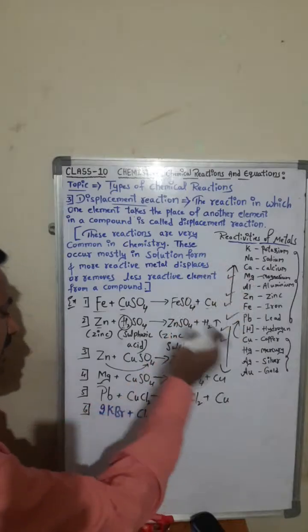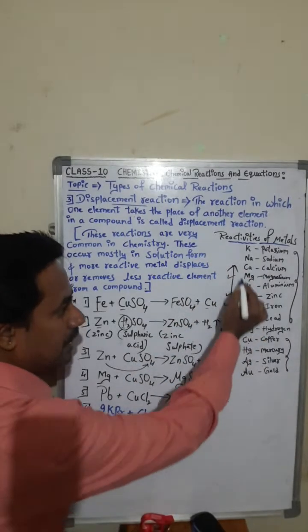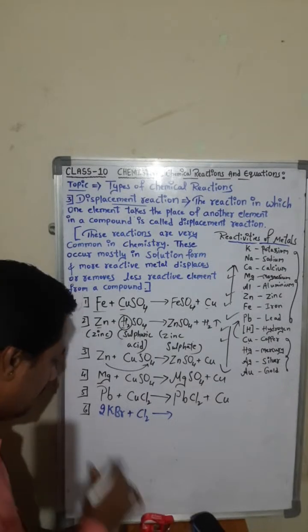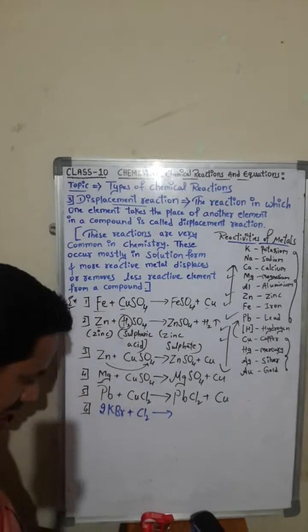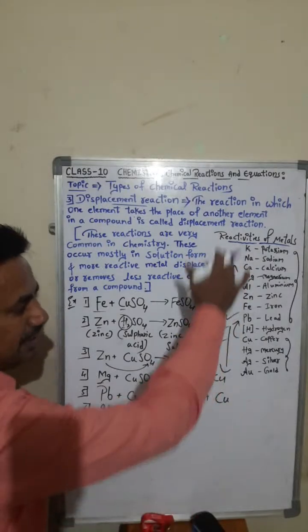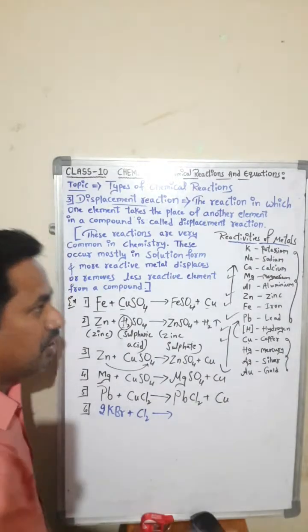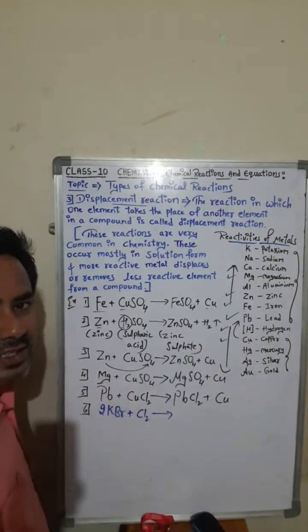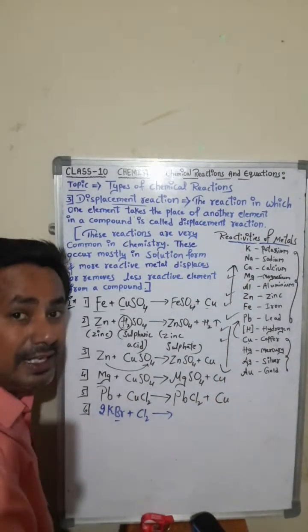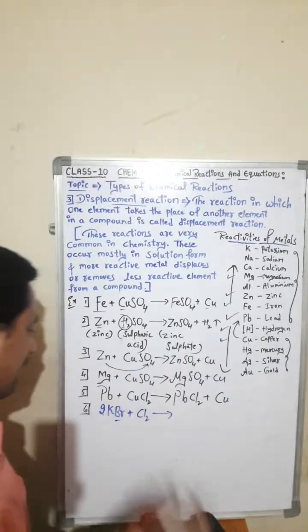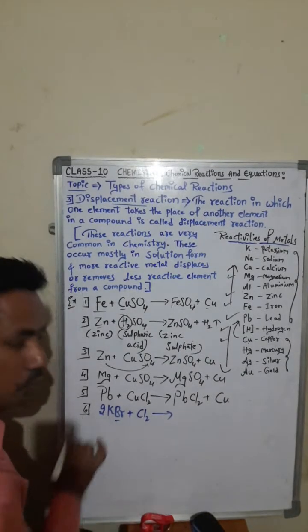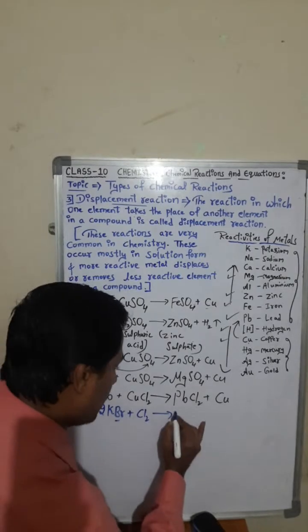Let's check it out. Where is chlorine? Chlorine is not there. Chlorine is more reactive than bromine. It is not there in the reactivity series because these are metals. We have written the reactivity series of metals. Bromine is a liquid non-metal. Okay, let's try to understand. Yes, chlorine is more reactive than bromine. So what happens, students?